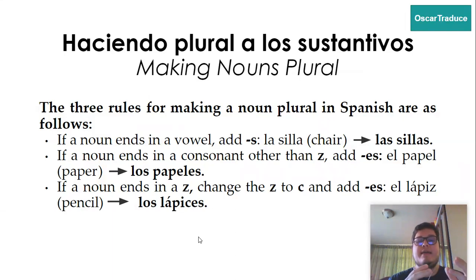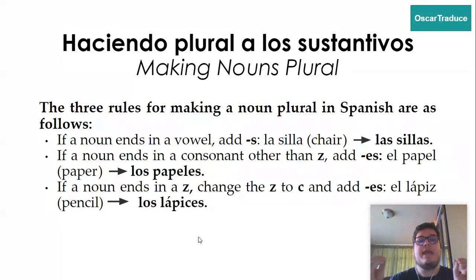If a noun ends in a consonant other than Z, add ES. Like, for example, el papel, los papeles. That means a piece of paper and pieces of paper.